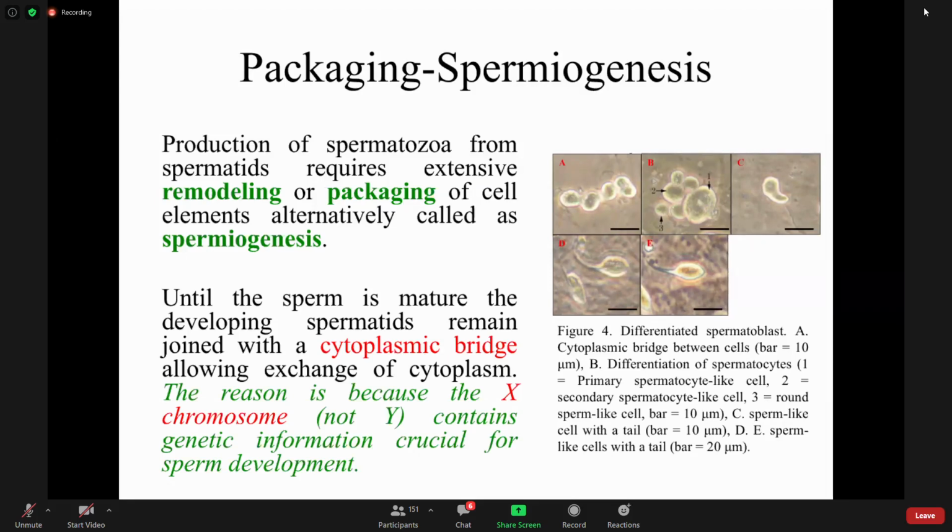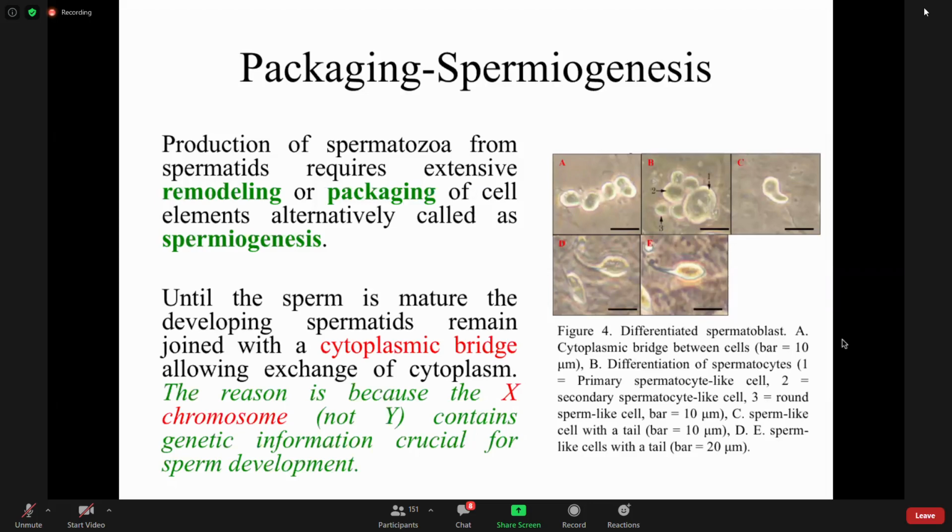So all these spermatids that have been produced by the meiosis or mitosis, one of them is definitely going to have the X chromosome. Now, all of them will be connected between them through a cytoplasmic bridge.